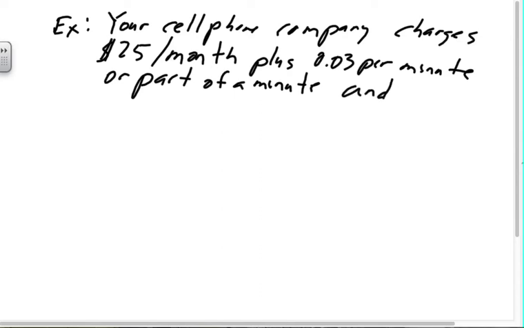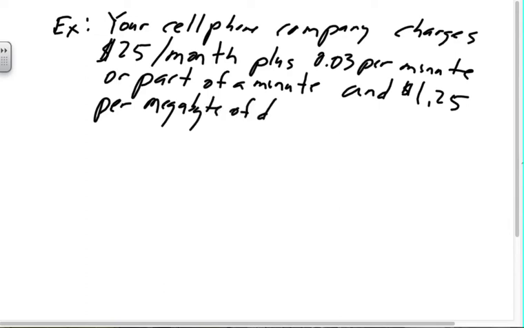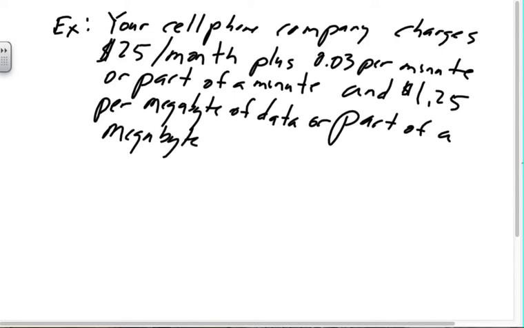And $1.25 per megabyte of data or part of a megabyte downloaded.